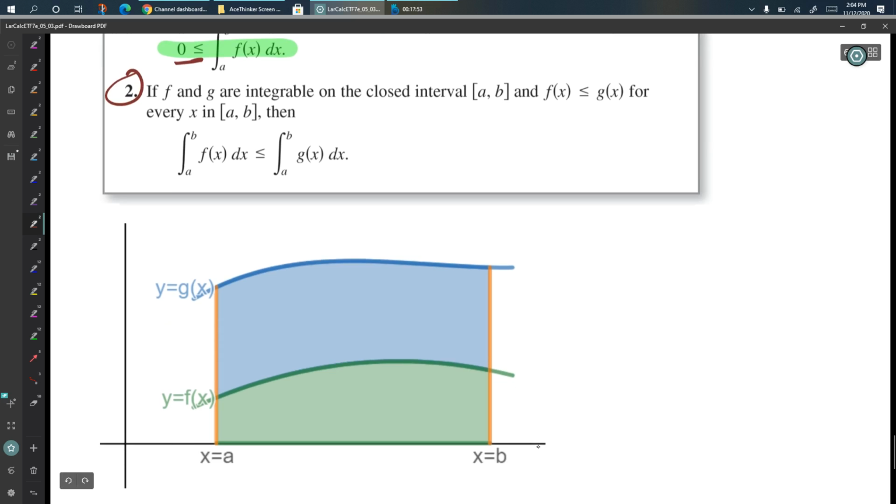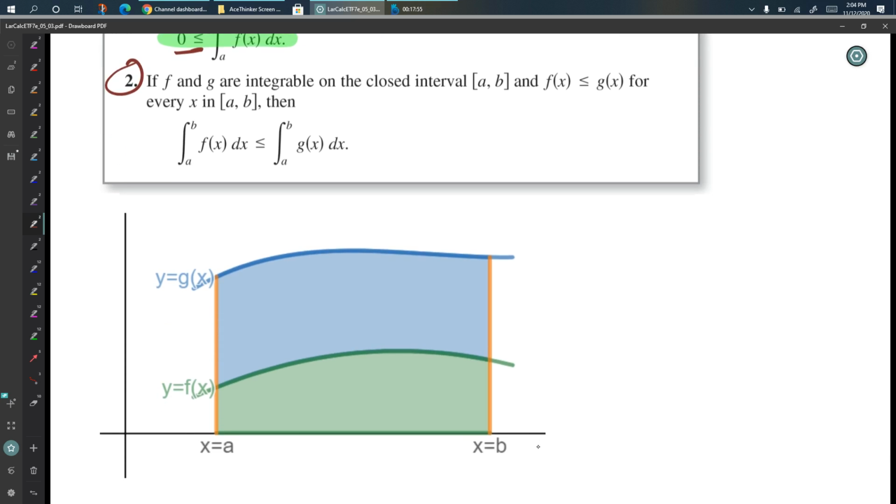The second one says, if you got two functions, f of x and g of x, they're integrable on an interval a to b, and f of x is always smaller than or equal to g of x, then the integral for f of x better be smaller than or equal to the integral for g of x.